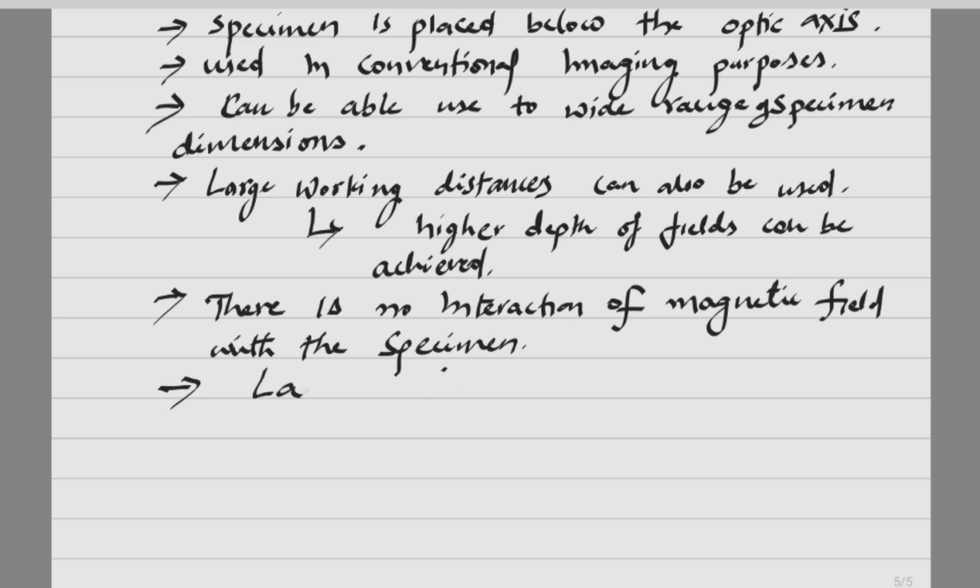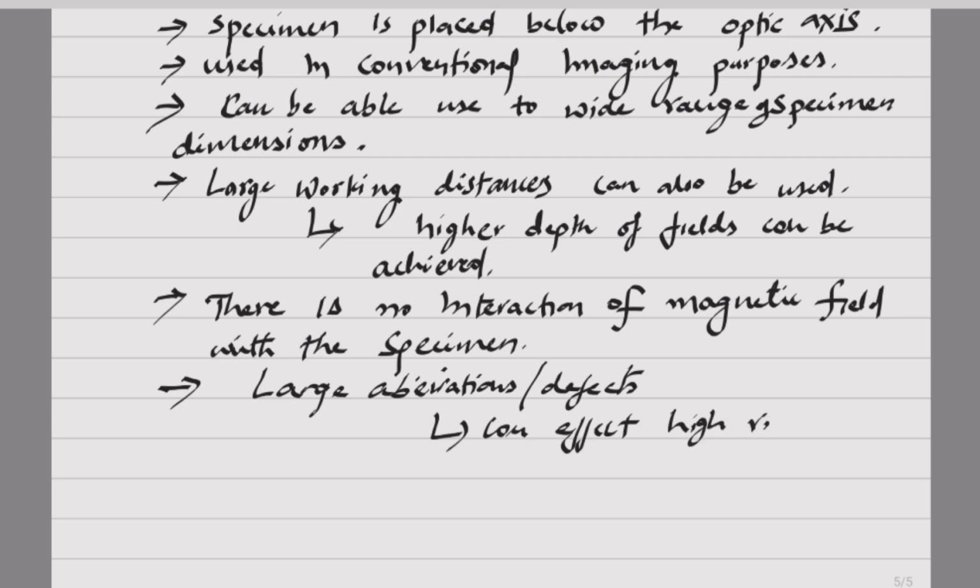Large aberrations can affect high resolution. Because the specimen is placed below the optic axis, whatever electrons are scattered from the specimen are detected by the detector, along with the secondary electrons in the ET detector we can also collect BSE. So a degradation in resolution can be seen when we use these pinhole lenses.